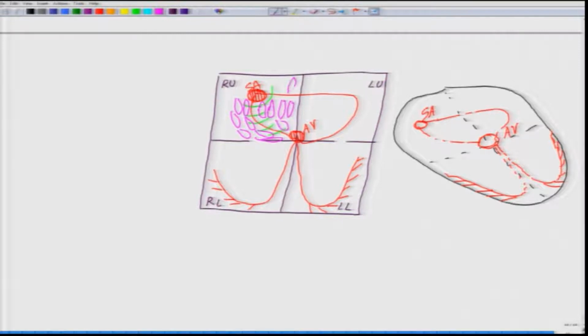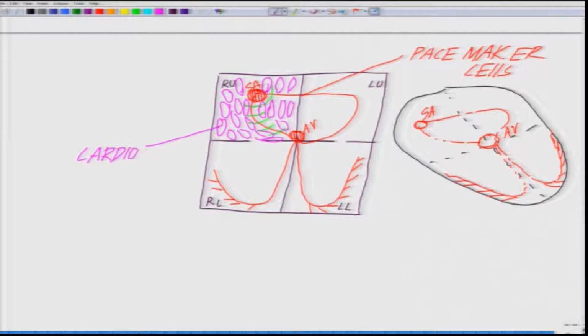It's kind of a sac, and this sac is made up of the cells which are called cardiac myocyte cells, whereas these are made up of pacemaker cells, and these are the cardiomyocyte cells.